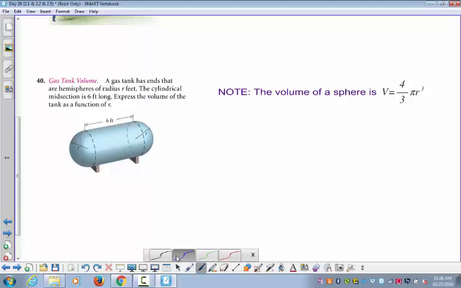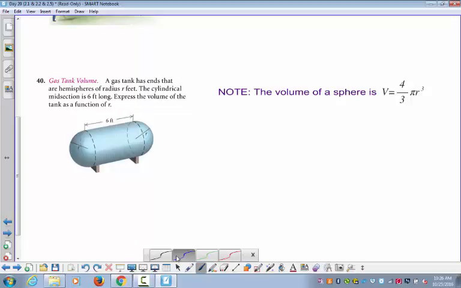So that is a good formula to eventually have remembered, 4/3 pi r cubed. Volume of a cylinder, you take the area of the base and multiply it by the height. Just like a rectangular box, you would find the area of the base and multiply it by the height. For a cylinder, find the area of the base, pi r squared for a circle, and then multiply it by its height. That will give you the volume.